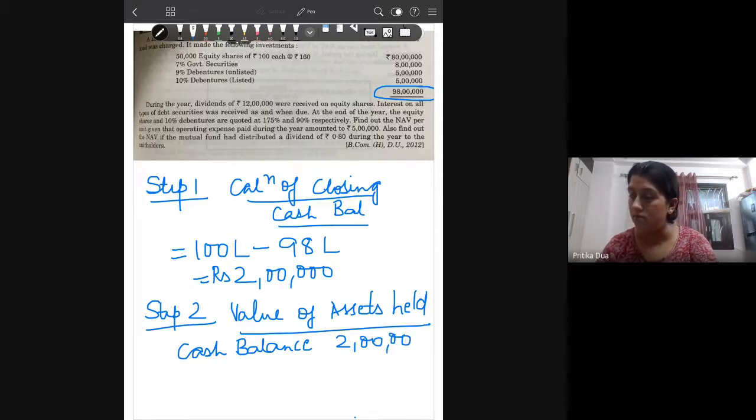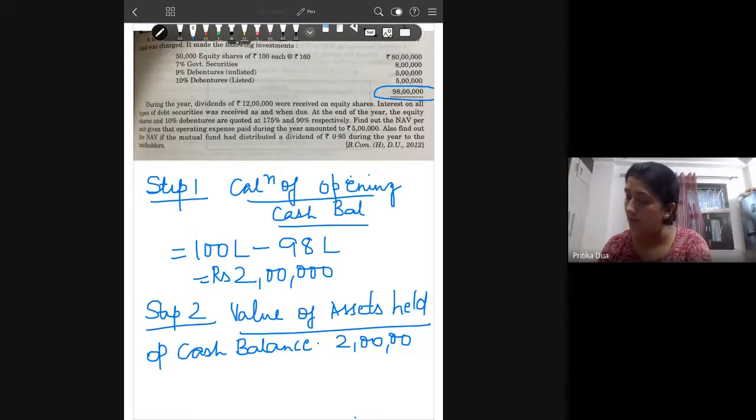Sorry, just make a correction. This is the opening cash balance. Closing we need to calculate because we are receiving income during the year. So opening cash balance is ₹2 lakh. Then let's first add all the cash received during the year.